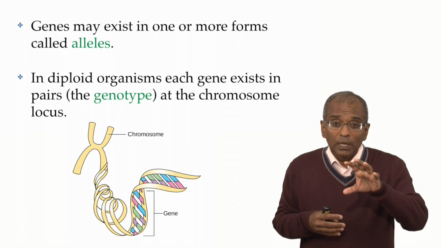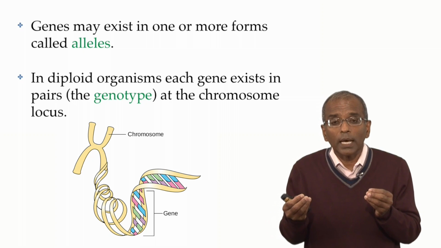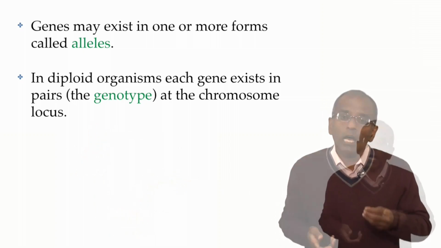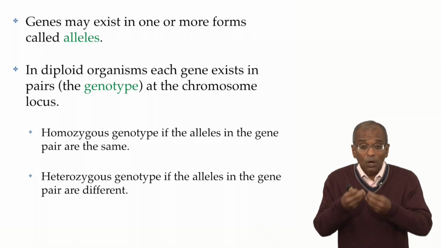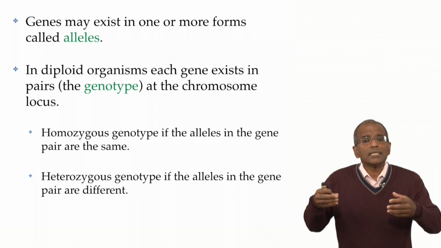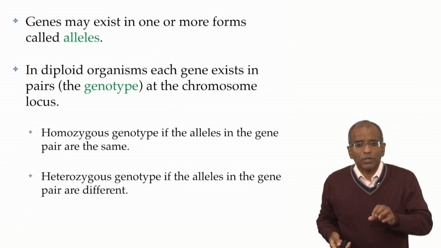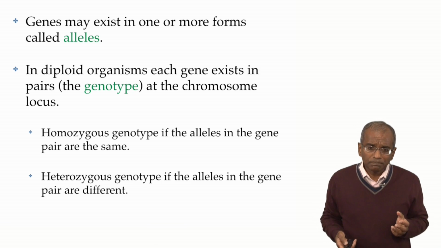Now, the genotypes, depending upon whether the gene types are the same or different, are classified as homozygous, meaning that the two alleles are the same, or heterozygous, that is, the alleles in the pair are different. This turns out to be critical in determining characteristics that emerge and are passed on.